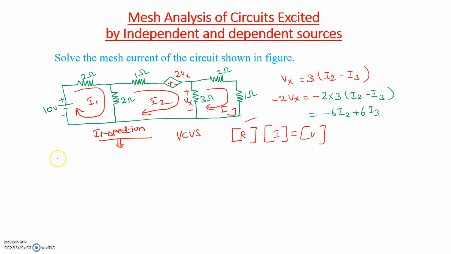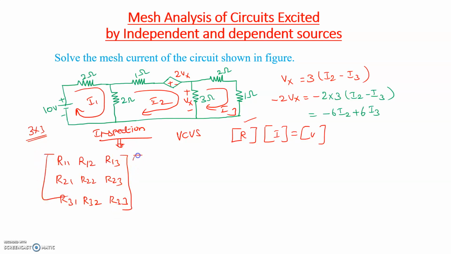The resistance matrix will have R11. There are three loops, so we will get a 3 cross 3 resistance matrix: R11, R12, R13, R21, R22, R23, R31, R32, R33, into I1, I2, I3, that is equal to the summation of the voltage sources in the first loop, in the second loop, and in the third loop.